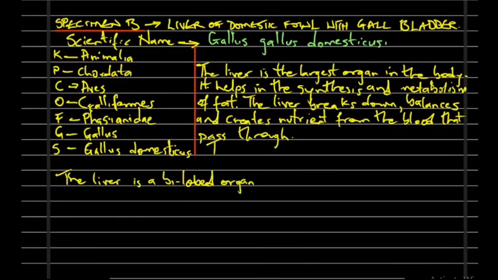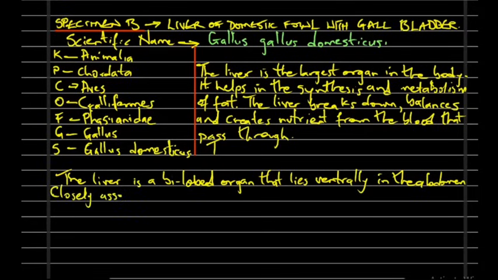A bilobed organ that lies ventrally in the abdomen, and it is closely associated with the proventriculus and the spleen in the birds.